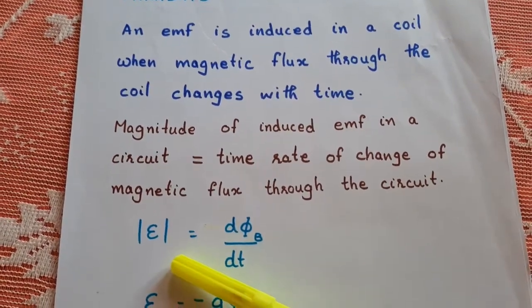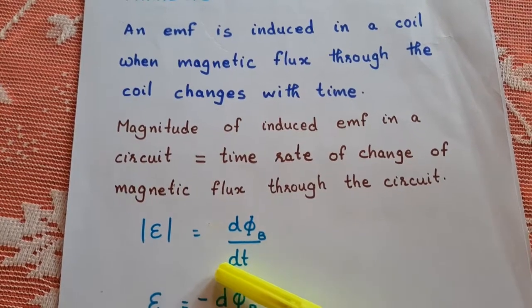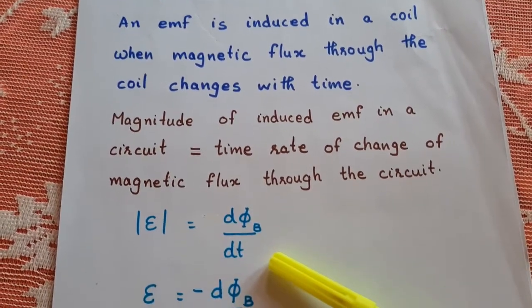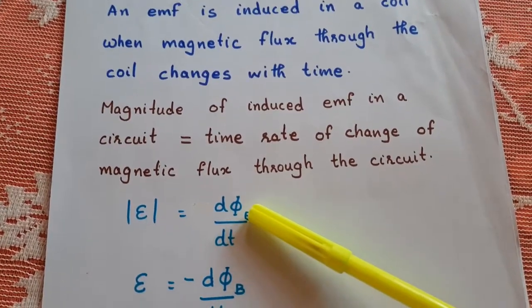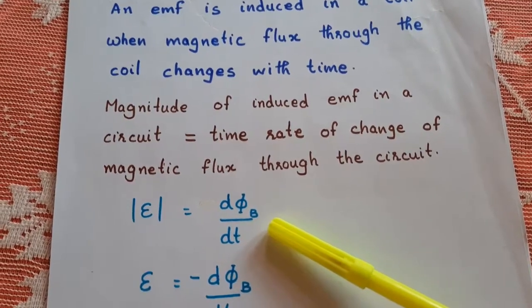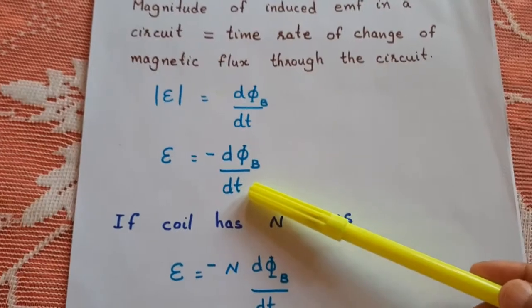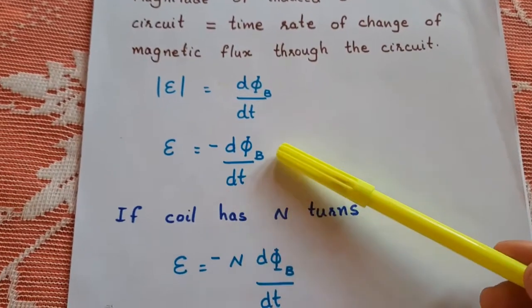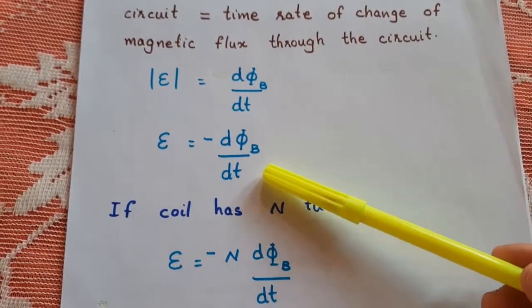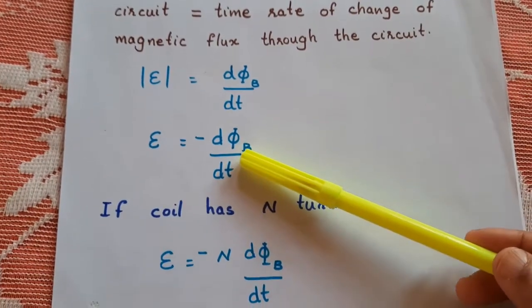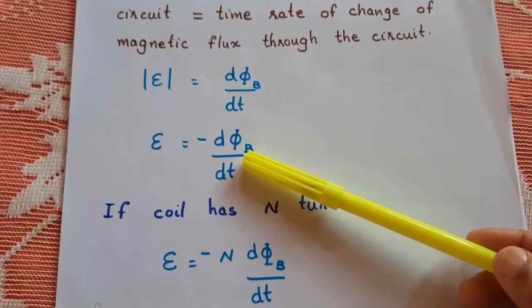So the magnitude of the induced EMF is equal to d phi by dt, where phi is the magnetic flux. The induced EMF is equal to minus d phi by dt, and the negative sign shows the polarity of the induced EMF.